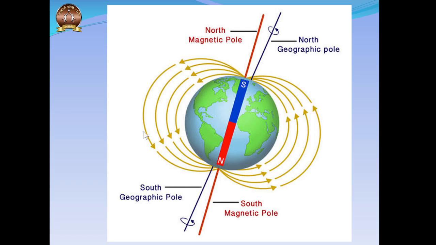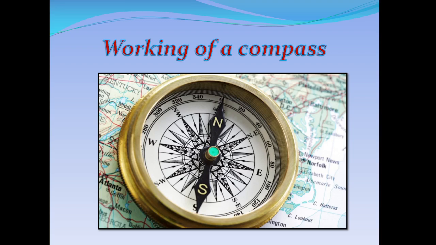We still call the end of our magnet which faces towards the geographical North Pole, that is the Arctic, the north side of that magnet, and the opposite side the south side of that magnet. So, this is what leads to the directive property of magnets.